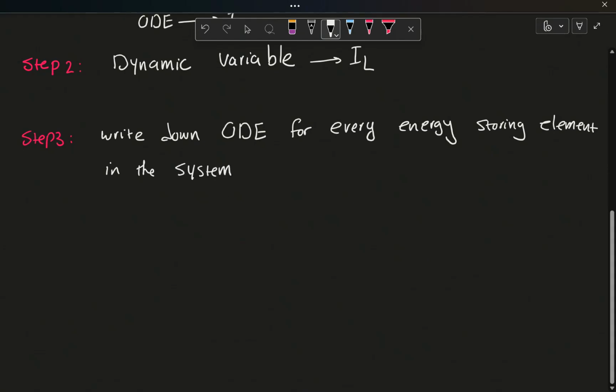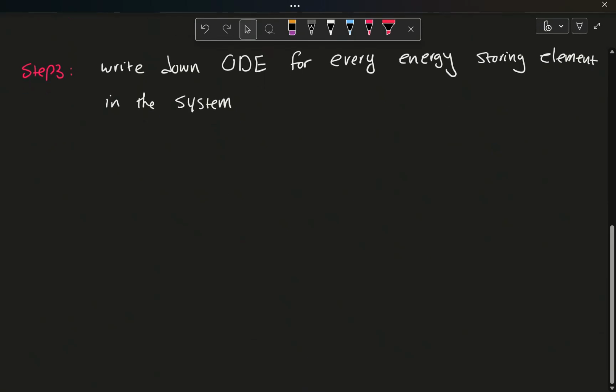In my case, I had only one energy storing element, and that was my inductor. If you guys look, the equation for the inductor was EL equals L I dot L.